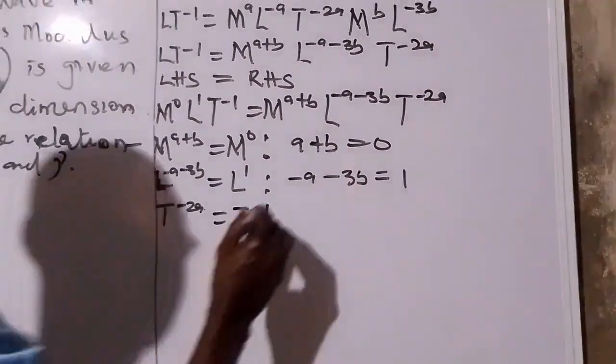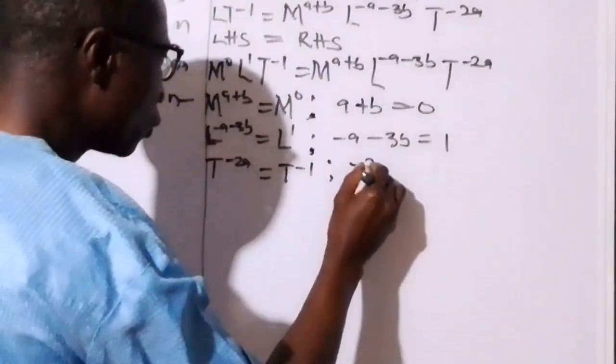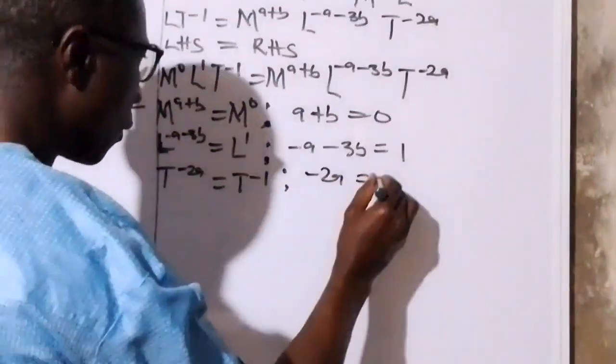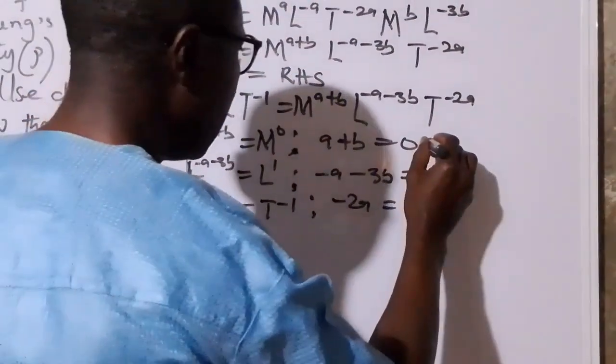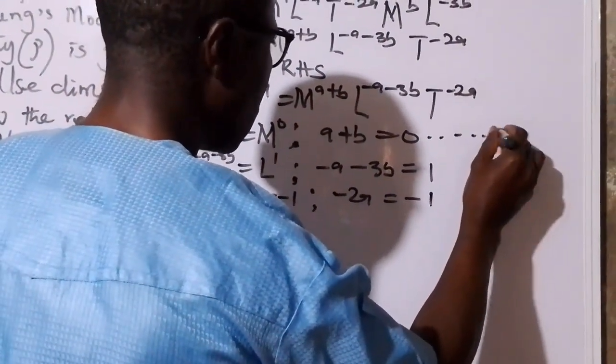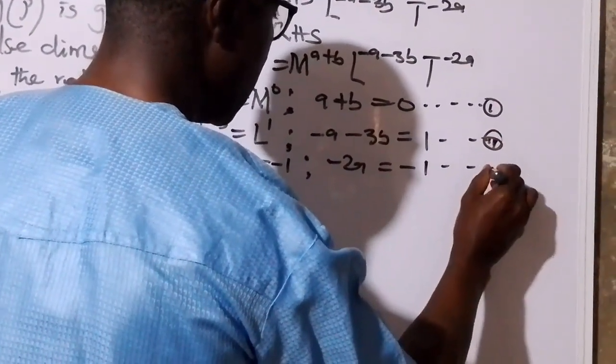Then this one also will give us minus 2A is equal to minus 1. Now, we have 3 equations: call this one equation 1, this one equation 2, and this one equation 3.